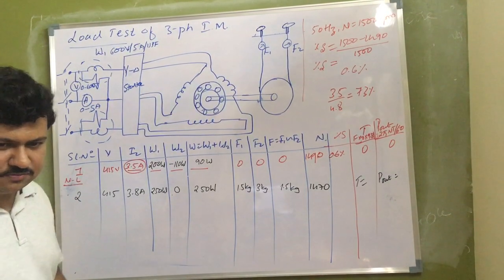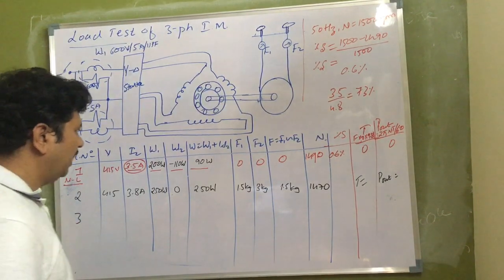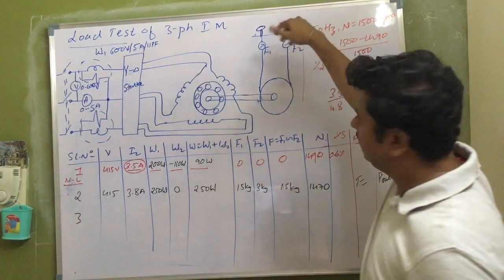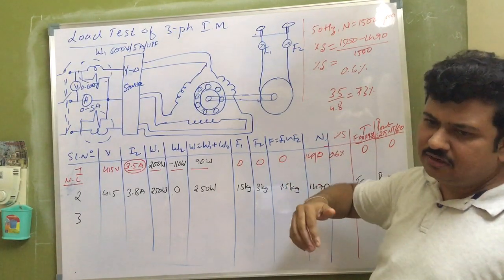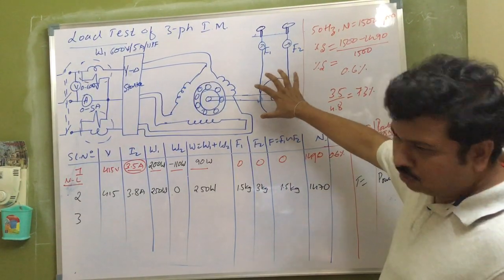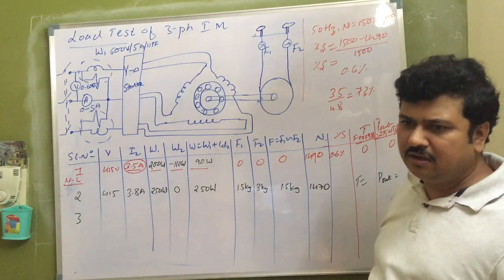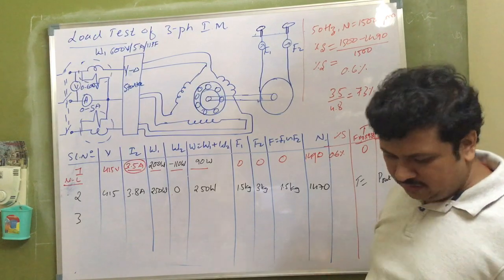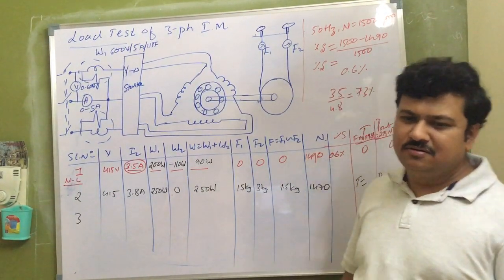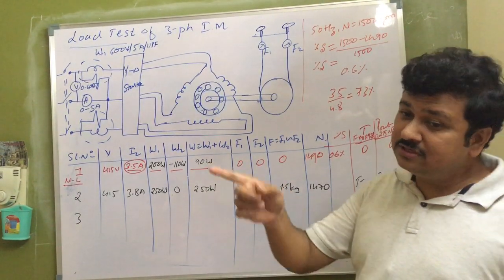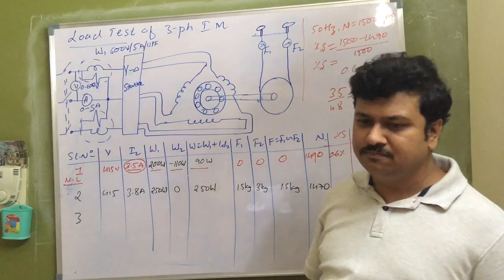This is one case. Now, the third case, again I will increase the load. I will rotate the wheel. The tension on the belt is still more increased, which will put more load on the pulley. The motor will be loaded somewhat higher. Then again this wattmeter W2 starts kicking back, because it was in a negative value, now it is crossing 0 and going to a positive value.